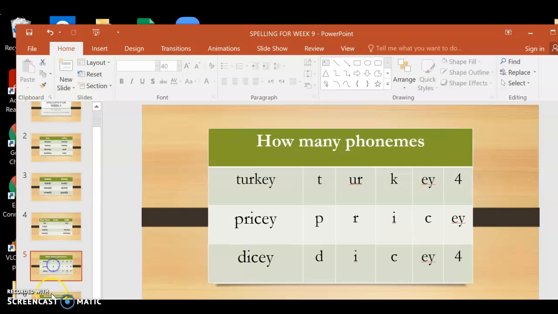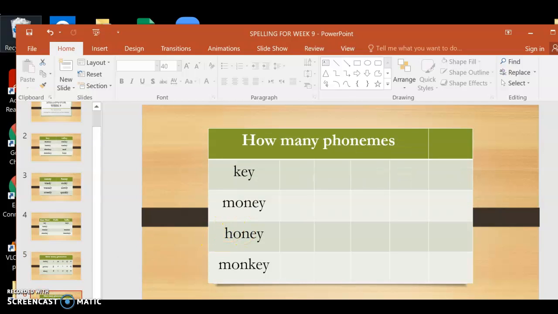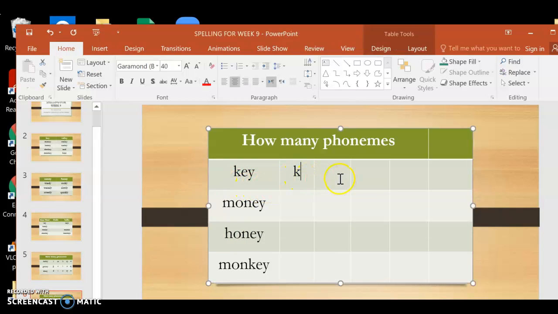Oh, we did that one, last one. How many phonemes? Let's go. This is key. So it's k, e-y, k, e. 2 phonemes. Money. Let's break that down. M, u, n, e, y.